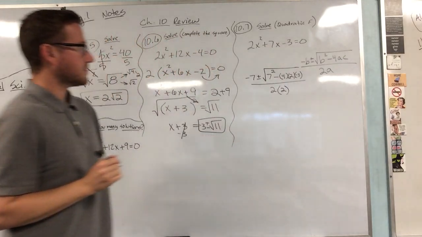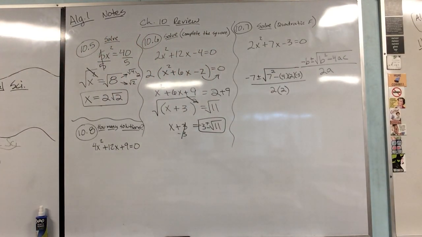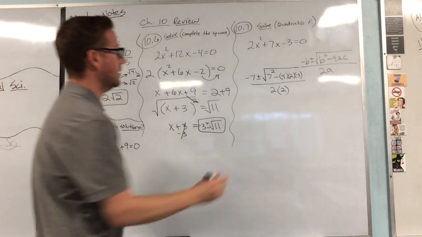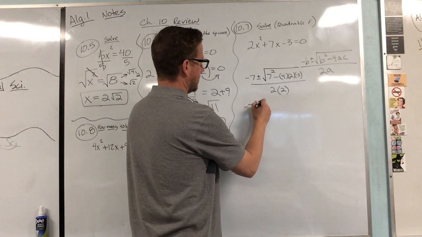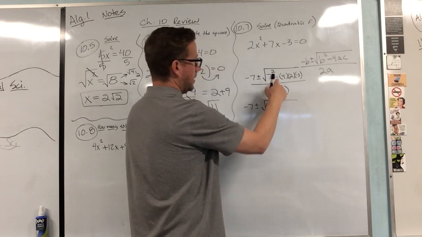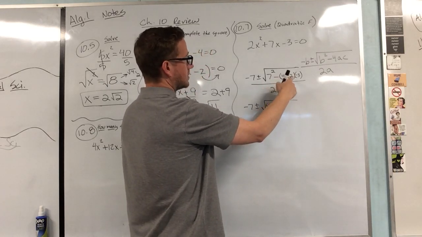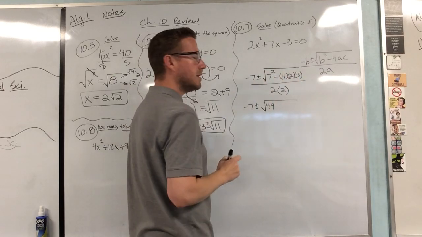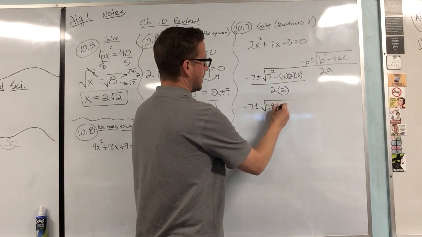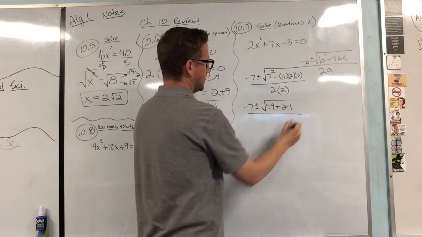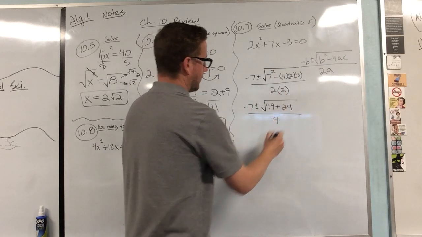All right, so let's start working this out over here. We're going to have 7 squared, which is going to get us 49, and that -7 stays there, plus or minus. All right, so we have a 49. -4 times 2 is -8. -8 times a -3 is going to make a positive 24, all divided by 2 times 2, which is 4.